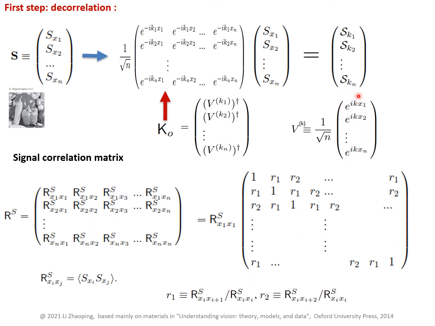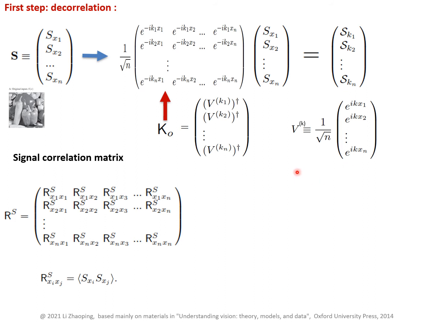This column vector is an eigenvector of this R matrix when the matrix satisfies this form, called a Toeplitz matrix, in which all these diagonal lines, whether exact diagonal or off diagonal, have the same values. And for Toeplitz matrices, their eigenvectors are these Fourier wave-like vectors. You can show that this is indeed the case.